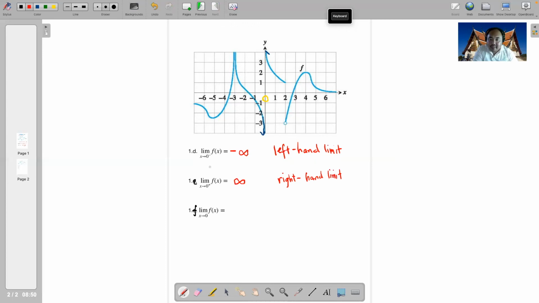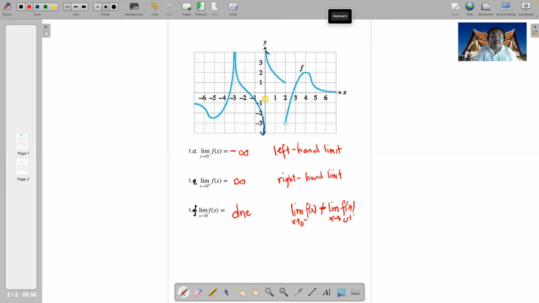Do they agree? Sadly, they do not. And therefore, we simply say does not exist. Why? Because the limit of f as x approaches 0 from the left is not equal to the limit of f as x approaches 0 from the right. And because of that, the limit is said to not exist.